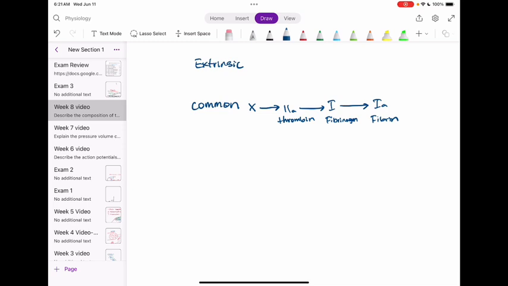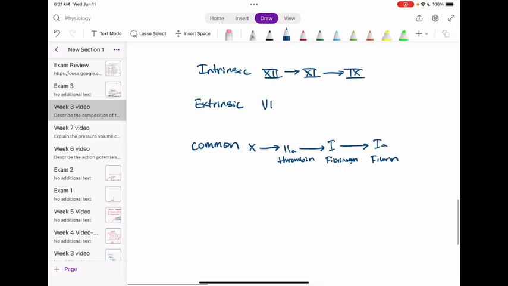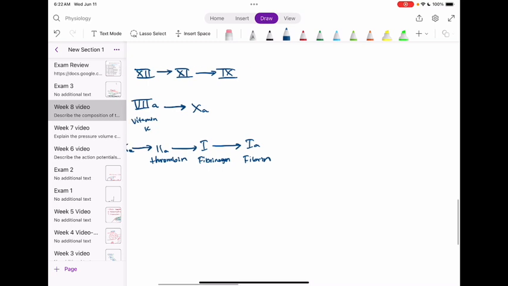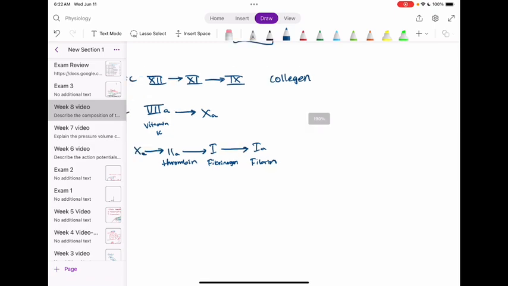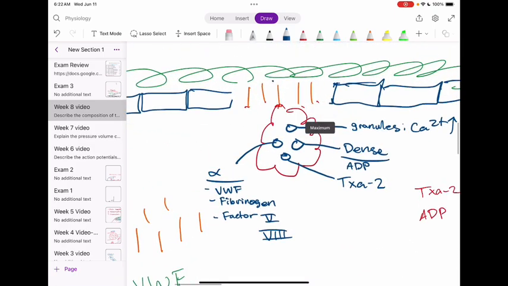So the extrinsic pathway takes number 7A, which requires vitamin K. And this takes it all the way to 10A. And this is activated by collagen, which are found within the basement membrane up here.